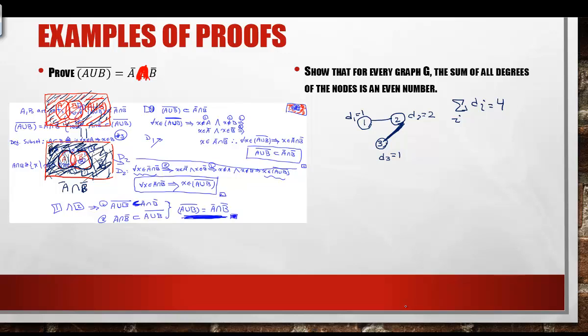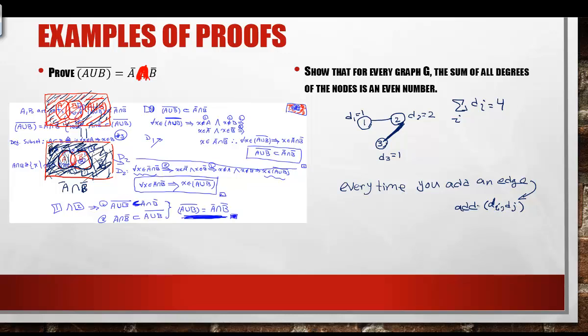But one way to look at it is that every time you add an edge, you're adding an unordered pair, d sub i and d sub j. So what that means is that you add an unordered pair to your graph.